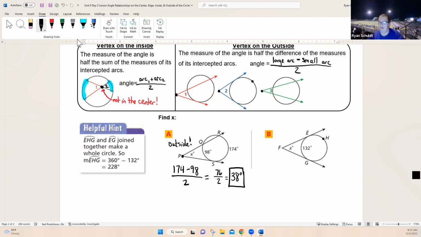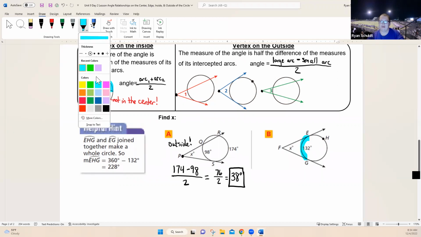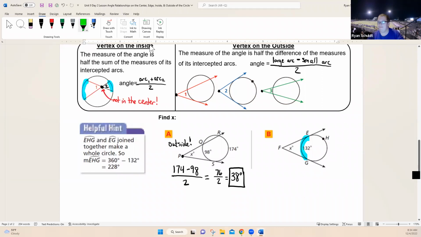Okay, B. Notice that the small arc right here and the big arc make a full circle. So they only need to give us one of them and we can figure out the other. 360 minus 132 is going to give us 228.